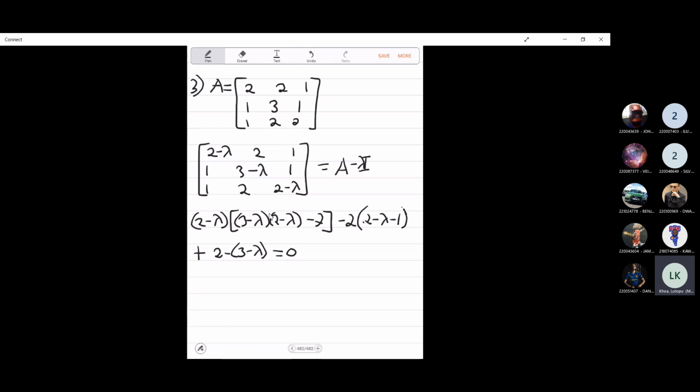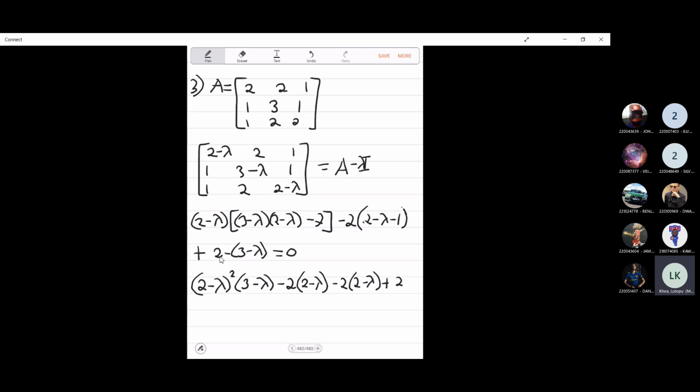So this one we have to solve. So we can see that trying to solve it the way we did the other one, we have 2 minus lambda squared, and we have 3 minus lambda, minus 2, 2 minus lambda, minus 2, 2 minus lambda, plus 2. So I'm multiplying this times this pair, then this times that one.